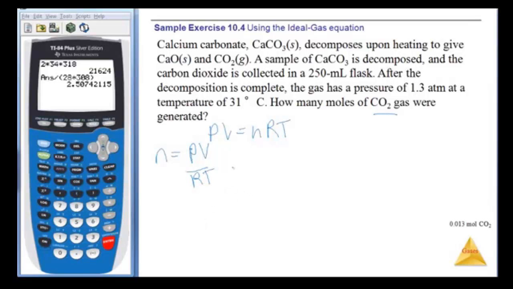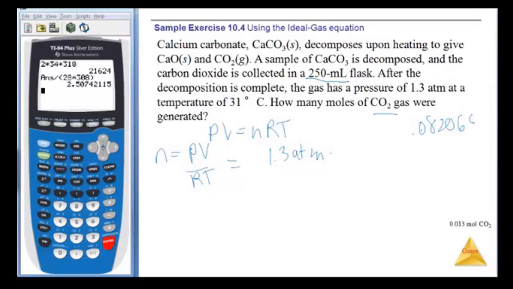So let's fill in what we know. We know pressure is 1.3 atm. We know volume is 250 milliliters. Now I need that in liters in order to use my R of 0.08206, right?